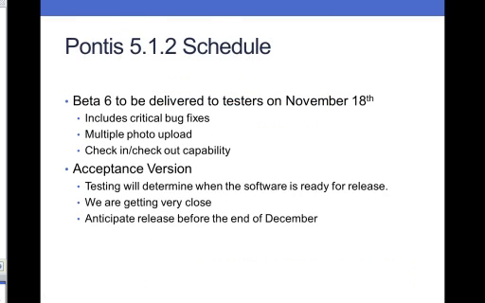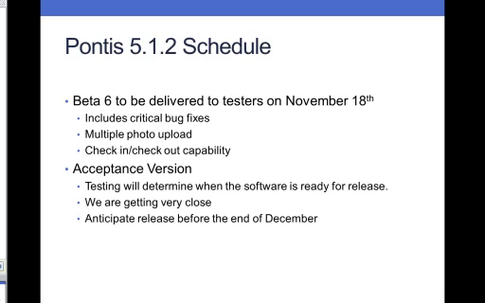Now, in terms of where we are with Pontis 5.1.2, as I mentioned earlier, we've actually wrapped up this Beta 6, which includes fixes for numerous of these items that the Pontis users group have identified. And this is going to be released to the beta test group tomorrow, November 18th. We were just finishing up our testing on the installation versions to make sure everything goes smoothly.